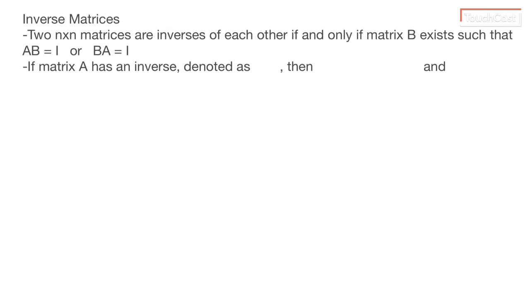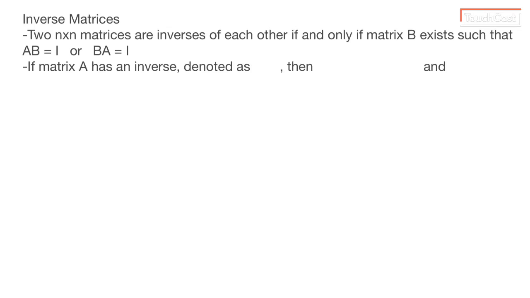Now we also are going to talk about inverse matrices. We say two n by n matrices are inverses of each other if and only if matrix B exists such that if we go A times B, we get the identity matrix. Or if we go B times A, we get the identity matrix.